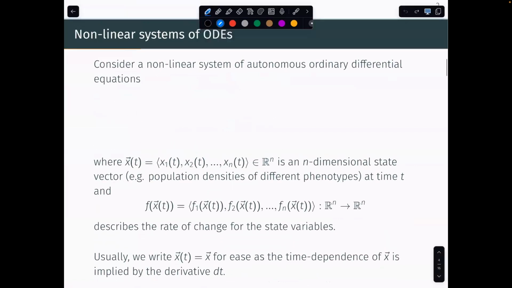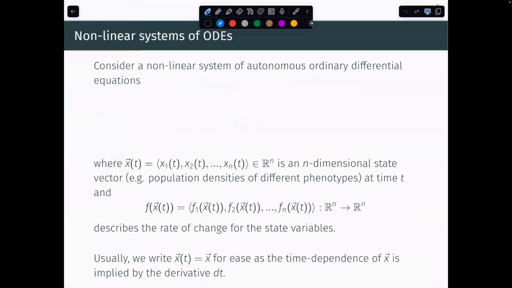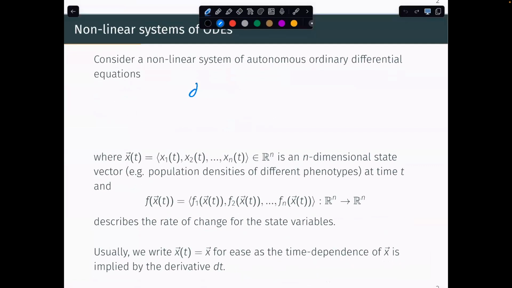So let's start off considering a nonlinear system of autonomous ordinary differential equations. That will look something like this. In vector notation, dx/dt is equal to some function f of x of t. I'm going to put my t here just for now, just to make sure it's clear. So x of t is just some n-dimensional state vector.